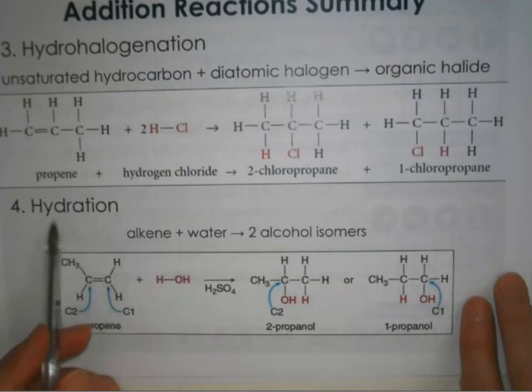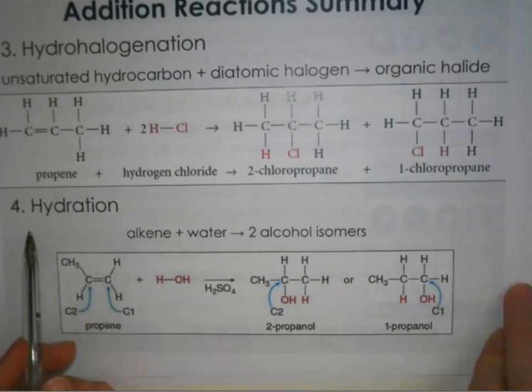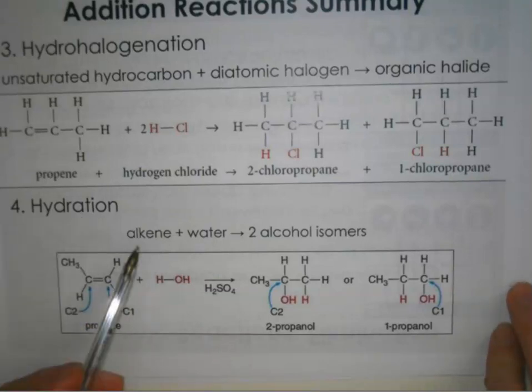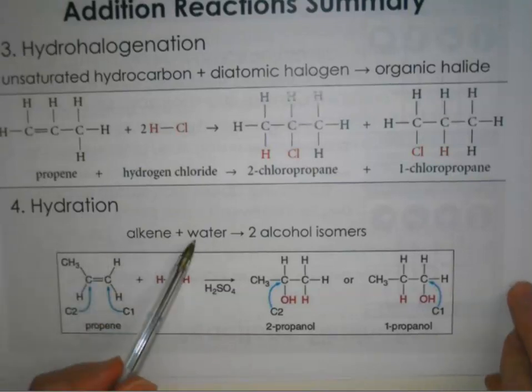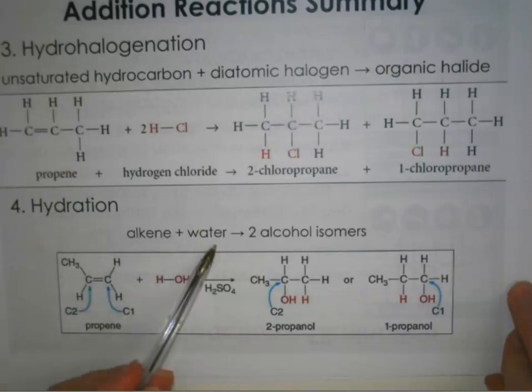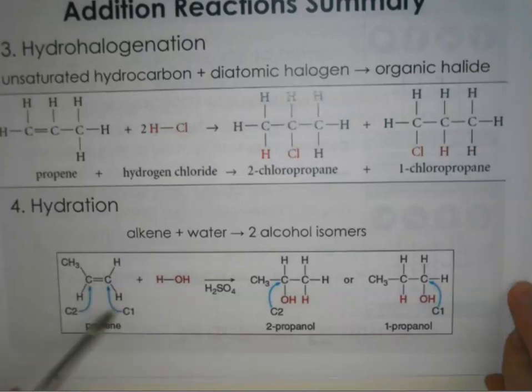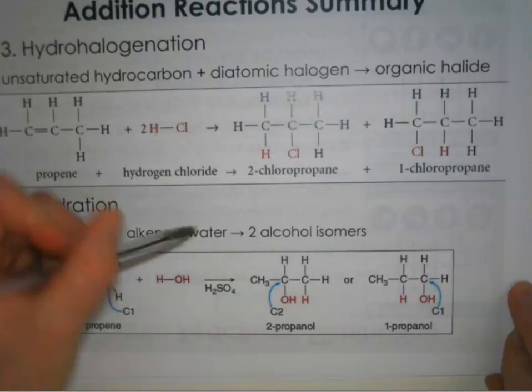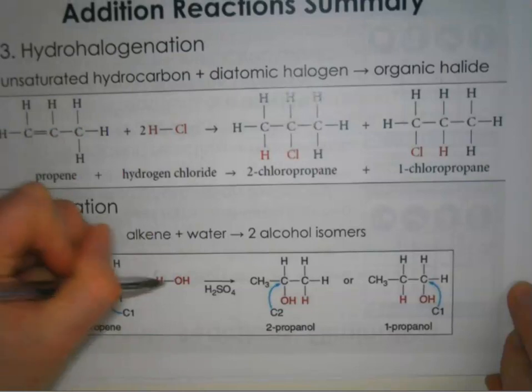We're actually going to look at this kind of reaction in more detail when we start looking at polymerization. Well, I guess that's a different form of hydration, actually. Never mind, don't worry about that. So with this, you have your alkene and you're adding water. A hydrogen comes in. And so remember, with water, you're breaking it up into H and OH.